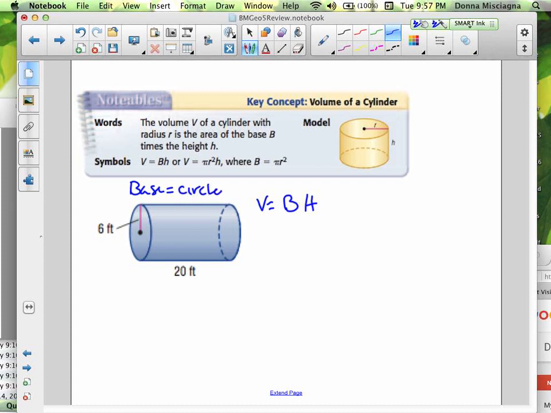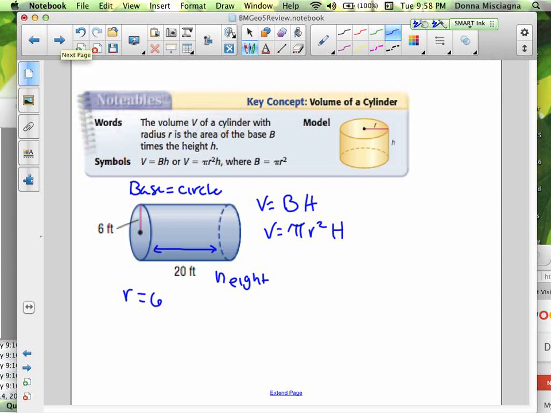we can replace that base with the formula for area of a circle, which is pi r squared, and then height. Right? So our radius here is 6. This is the height here. It's the distance between the bases. So this is our height, and it is 20.